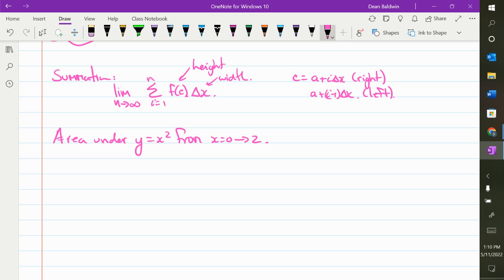So essentially, here's a graph of y equals x squared. We want to know the area from 0 to 2. So this is a and that is b.